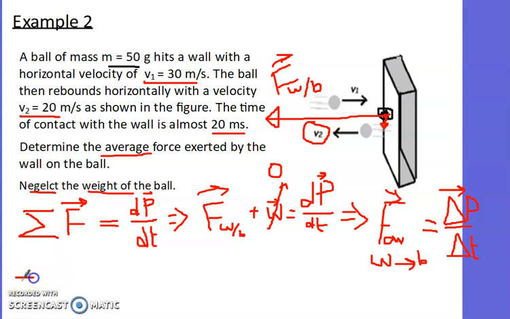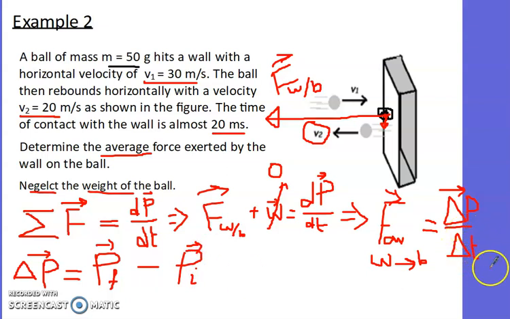So this will imply that, but what does delta p mean? It means P final minus P initial. The final linear momentum, which is P2, minus the initial linear momentum, which is P1. And delta t is the time interval given here.